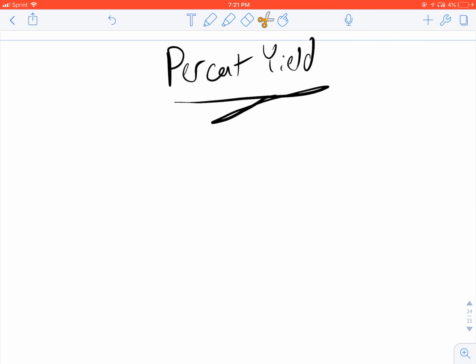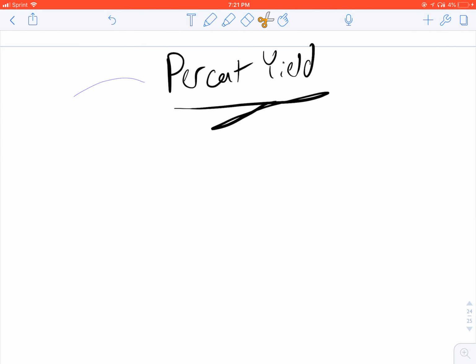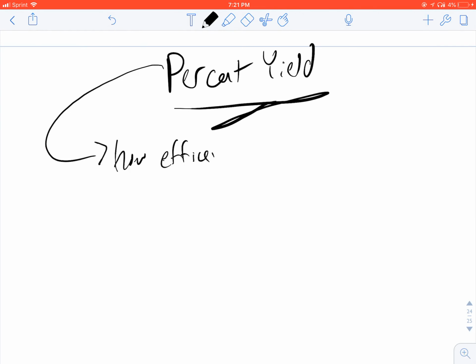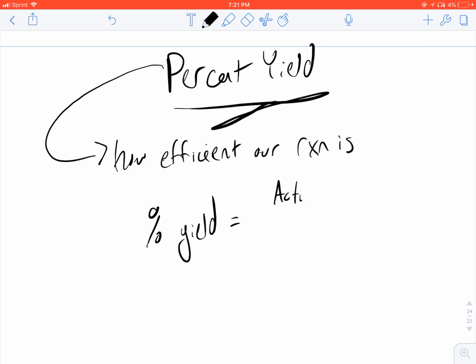First being percent yield. What percent yield tells us is essentially how efficient our reaction is. And the formula that goes along with percent yield equals actual over theoretical yield. Let's just fill those in there.